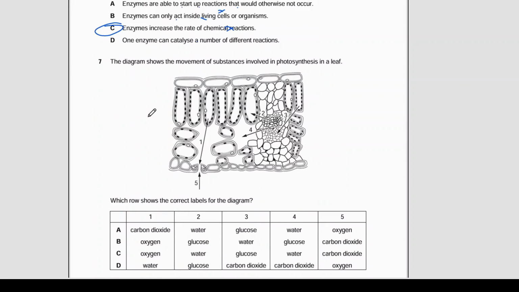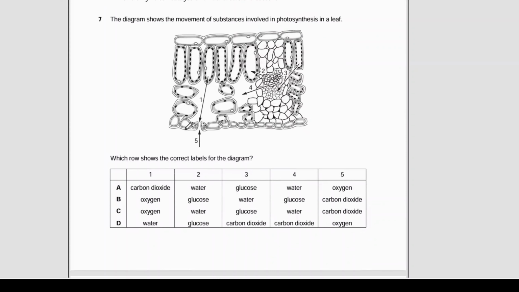Okay, seventh one. There are certain directions given which show which molecules actually pass through these steps. Number 5. What enters into the cell through stomata? Carbon dioxide. Okay, and what gets into these spaces?